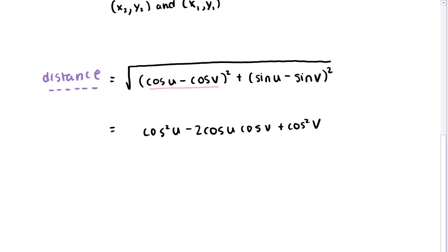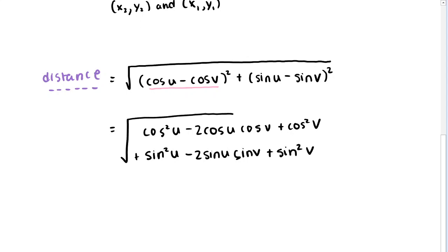If that doesn't feel super clear to you, I encourage you to pause this video and multiply that out. But this is what we get. And this same thing happens for the square of the difference sine of u minus sine of v. We'll get plus sine squared of u minus 2 times sine of u sine of v plus sine squared of v. And this will all be under the square root.